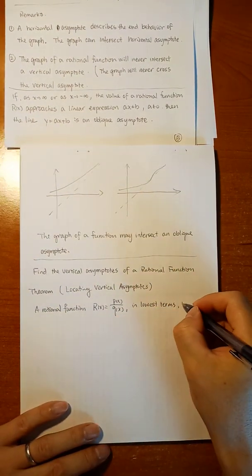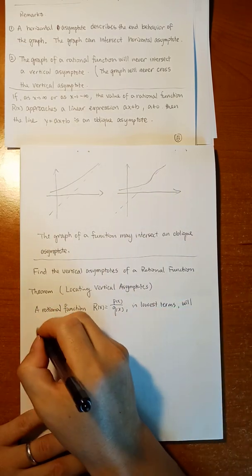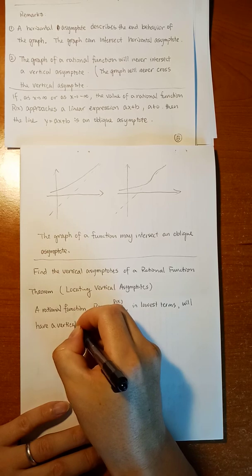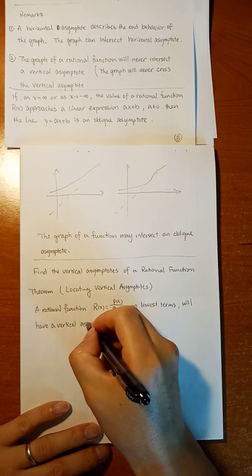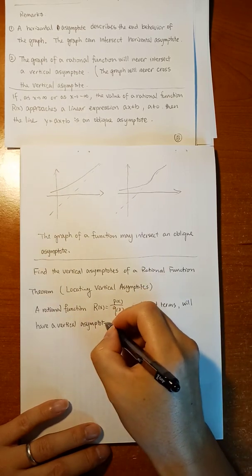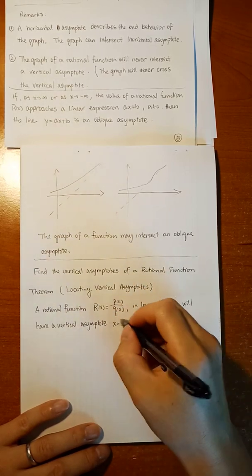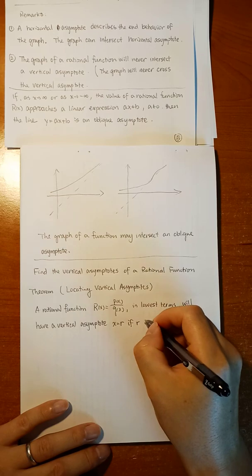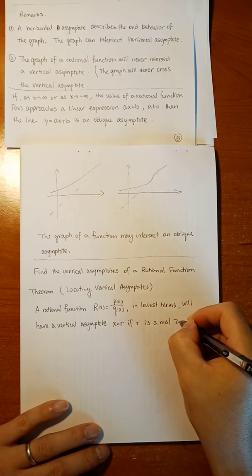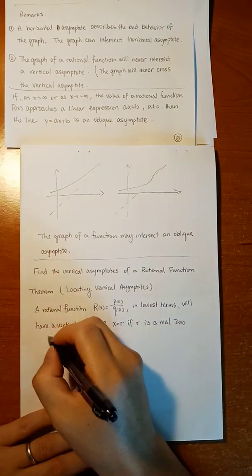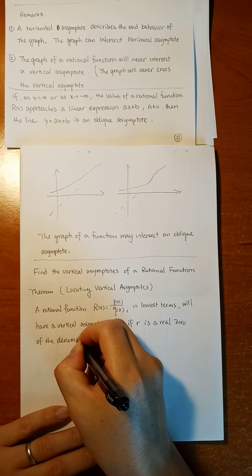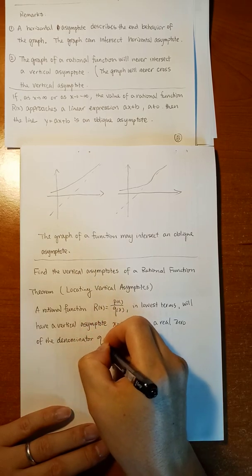A rational function will have a vertical asymptote x equal to r if r is a real zero of the denominator Q.